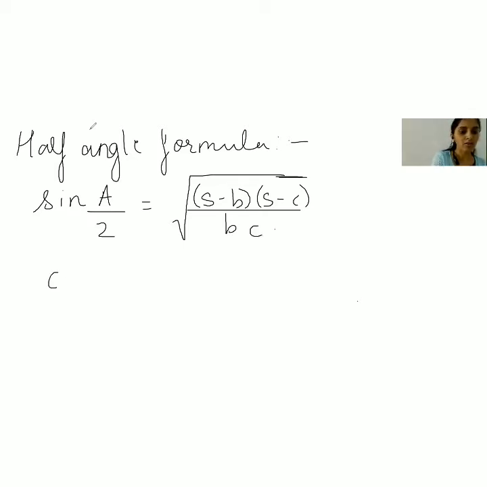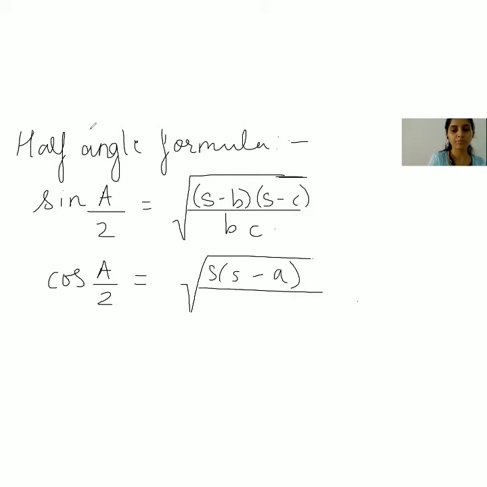Okay, and cos A by 2, half angle of A, cos A by 2 is equal to under root of s(s minus a) upon bc. So if you use this, then we can write the half angle formula for tan also.